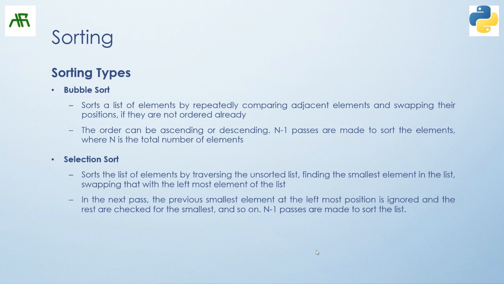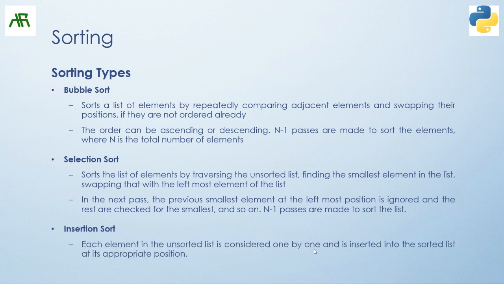So, identify the smallest in a single pass, place it at the beginning of the list, and in the next pass, ignore that, just check the rest for the smallest and place it next to that. Not the leftmost again, but after the previously identified smallest element, and so on, until every element is placed in the order.